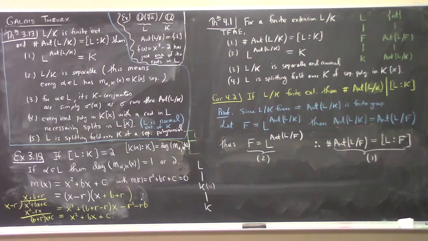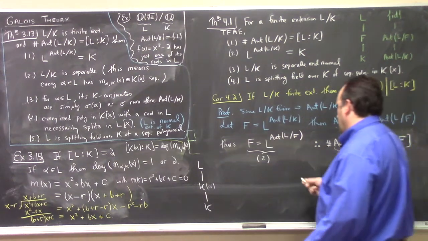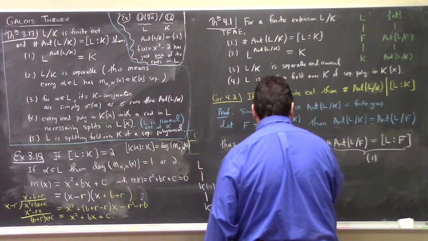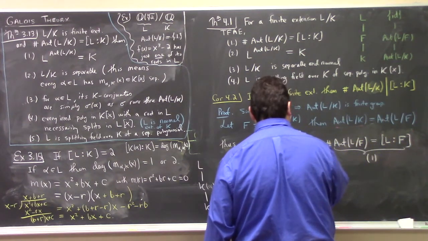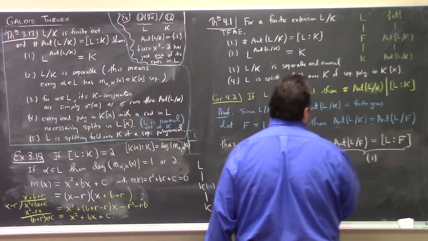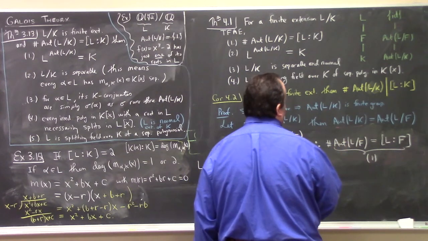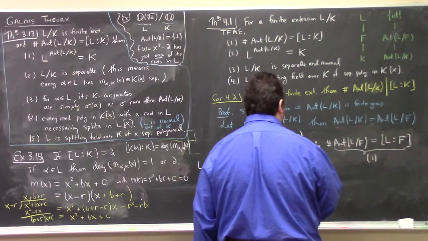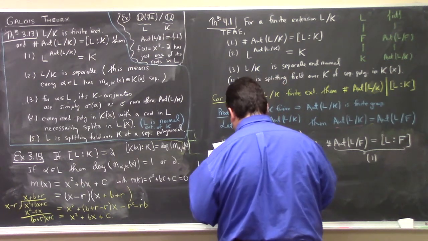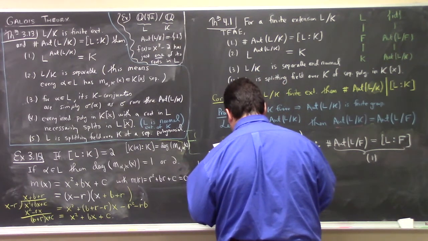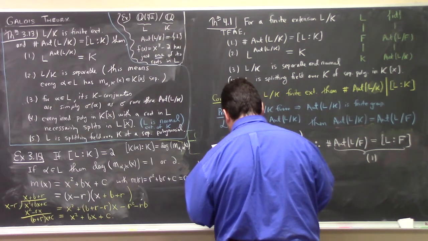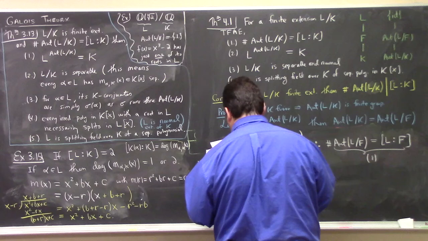So then the thing is, wait, but we know. Oh, never mind. Wait, yeah, we know that the number of Aut L over F is equal to Aut L over K. So you can interchange that, can't you? Well, no, I don't think that helps us though, because you still need the degree of L over K to divide it.